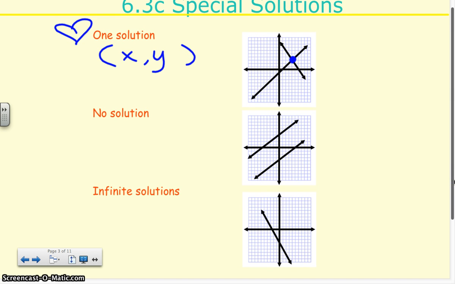A no solution, keeping in mind that solving a system of equations means finding where they intersect. Well, if there's no solution, that means they never intersect, which means, if you look at this visual, that they are parallel lines.